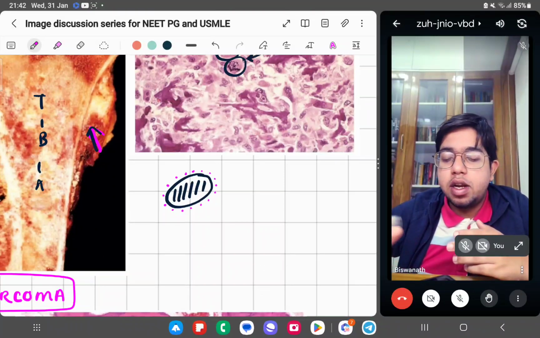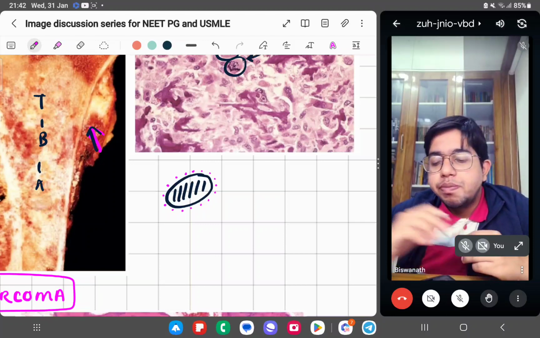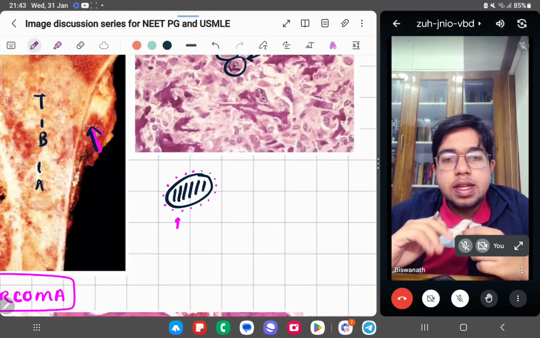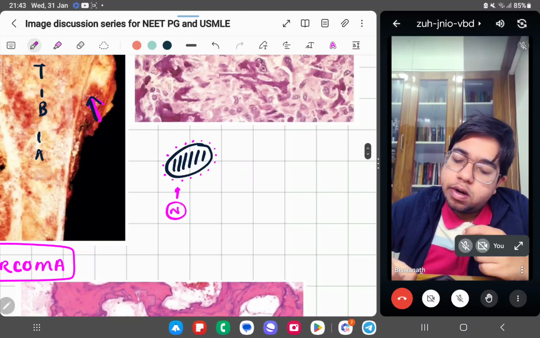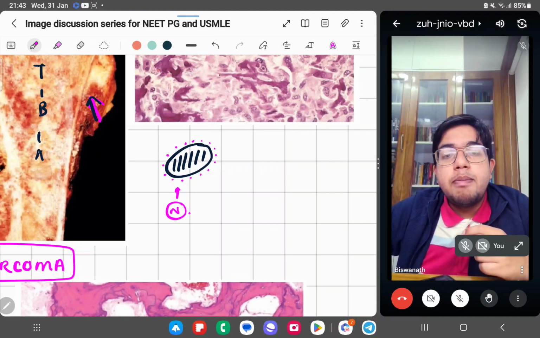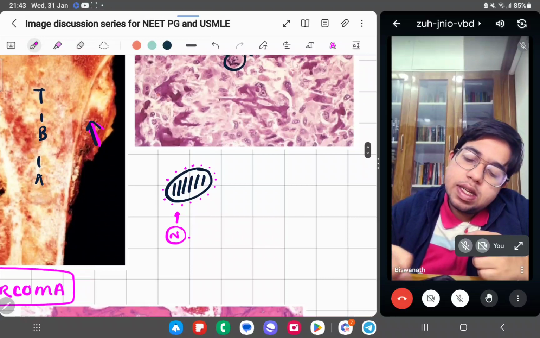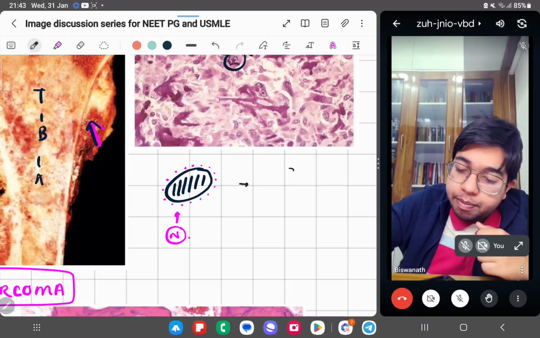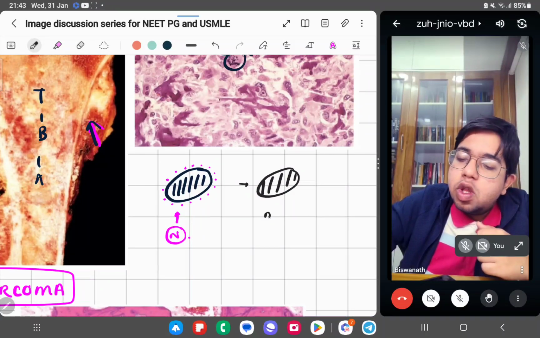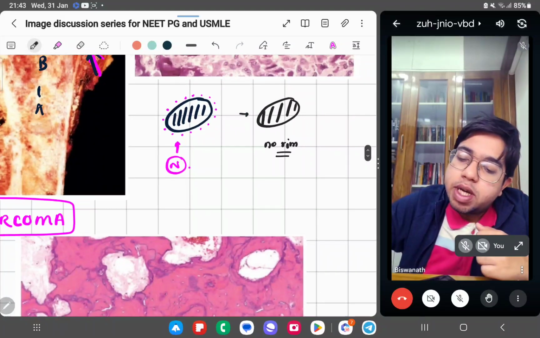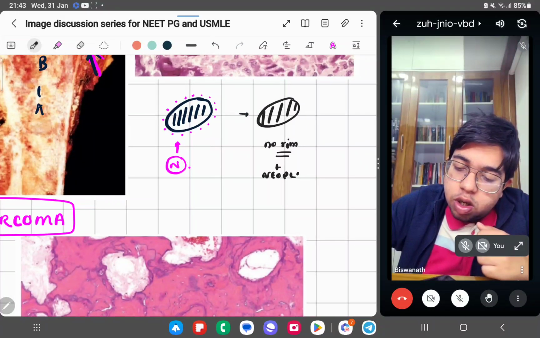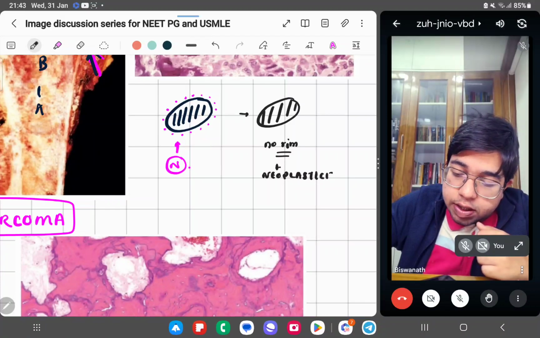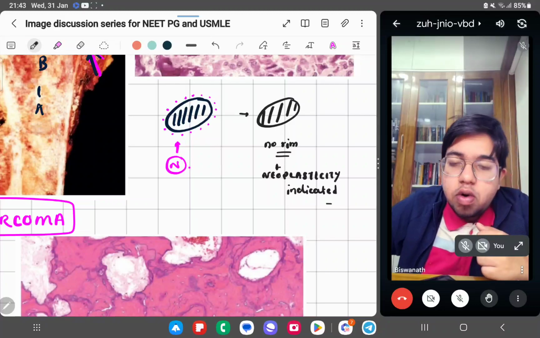And in your developed bone, an osteocytic rim. This is a normal bone. But when it becomes cancerous, this rim is absent. If there is no rim, this is neoplastic. Neoplasticity indicated.